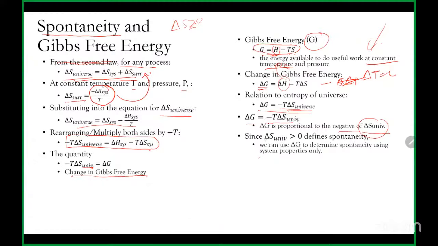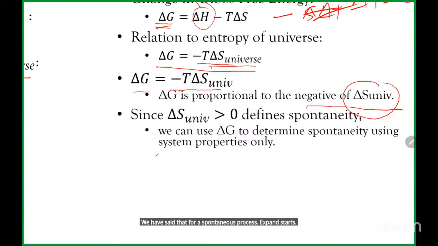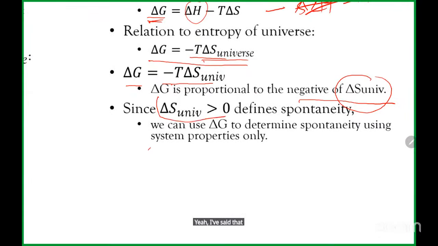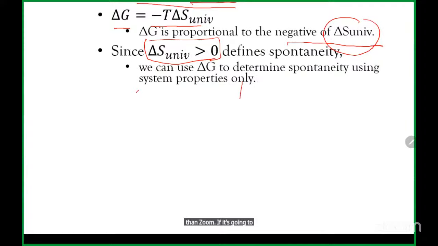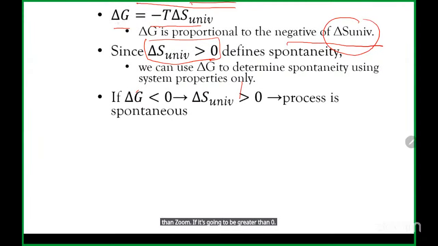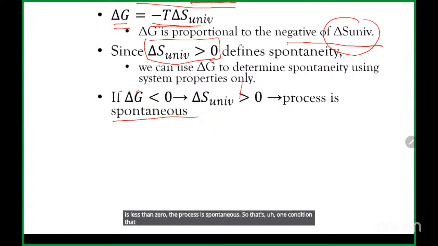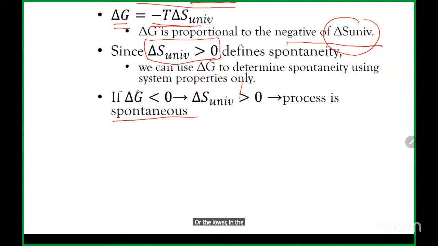We have said that for a spontaneous process, delta S of the universe must be greater than 0. If it's greater than 0, then we can use our delta G. When delta G is less than 0, the process is spontaneous. That's one condition that you have learned in ordinary chemistry teaching.